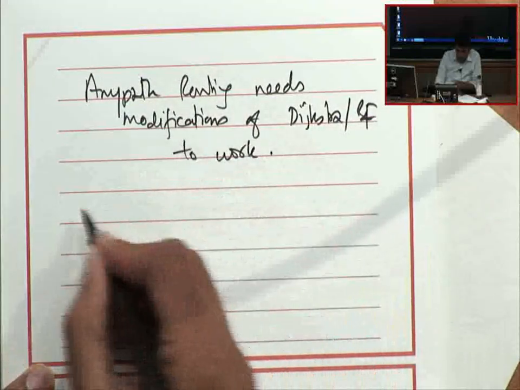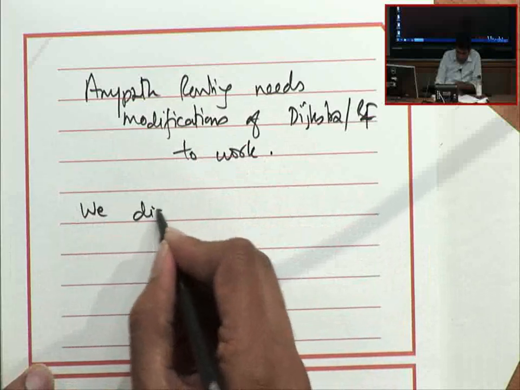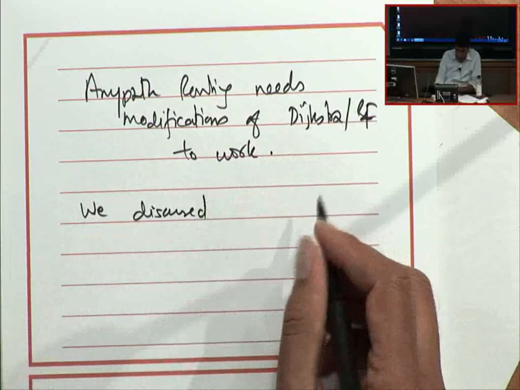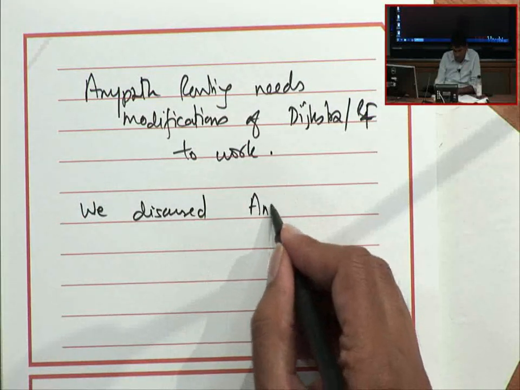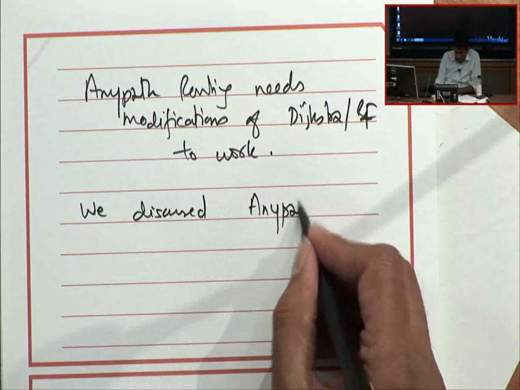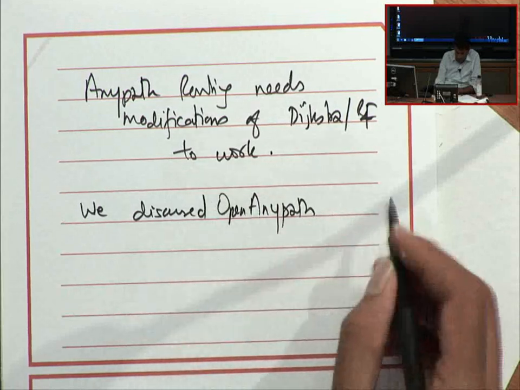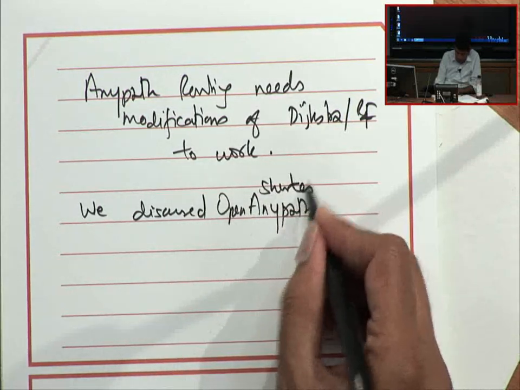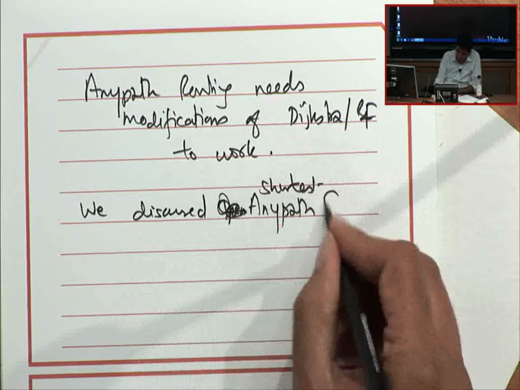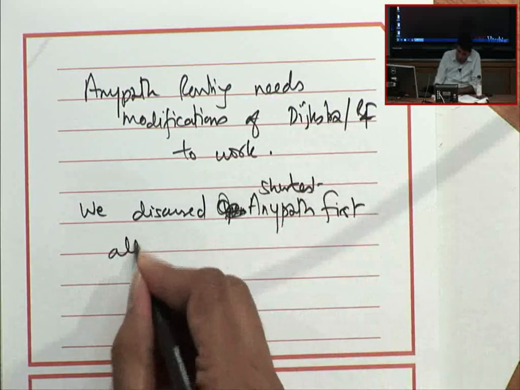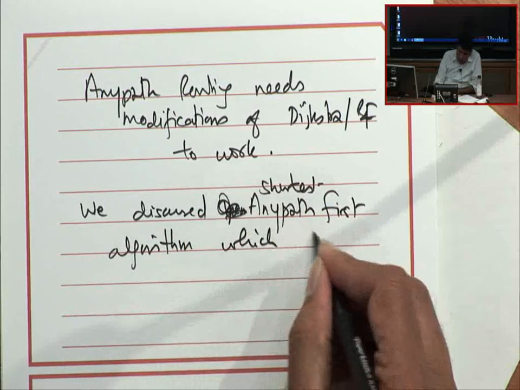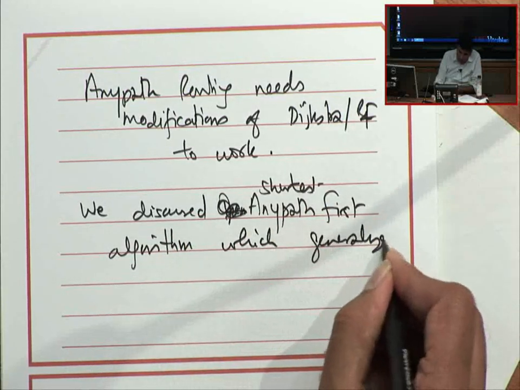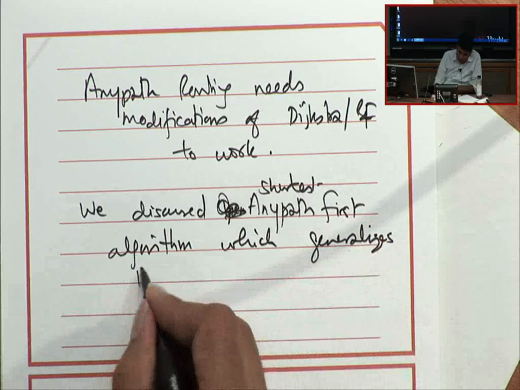And in class, we discussed the, I forget what it was called, shortest AnyPath first algorithm, which really generalizes Dijkstra.